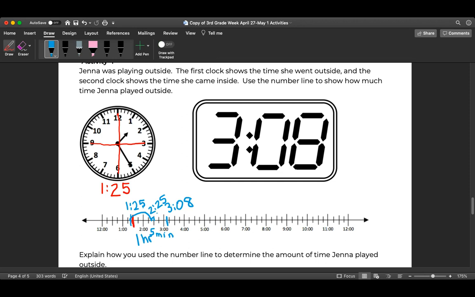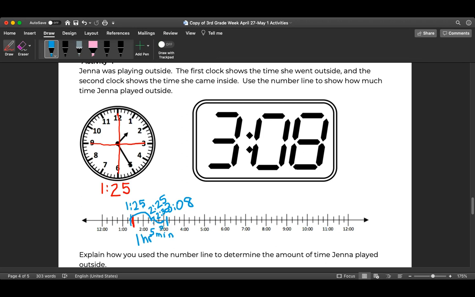And that's at 2:30. And again, I'm squishing it in here. Told you I didn't like this number line. And from here to here, that's 30 minutes.